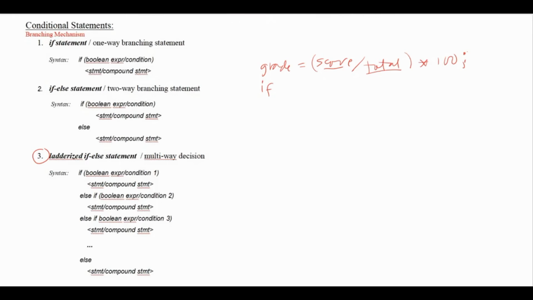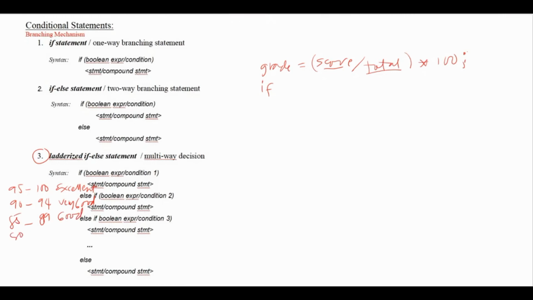So say the grade is from 95 to 100. We want it to display that the grade of the student is excellent. And if it is 90 to 94, it is very good. If it is 85 to 89, we would output good.